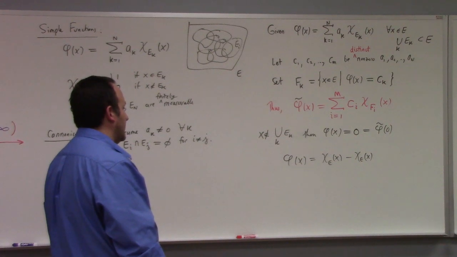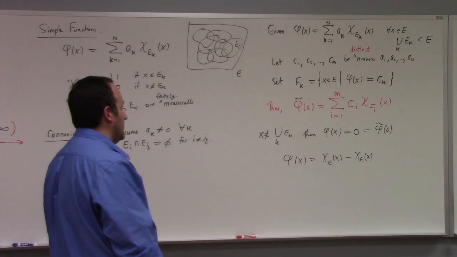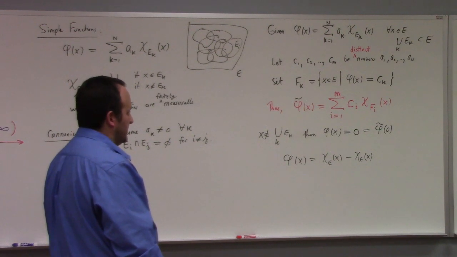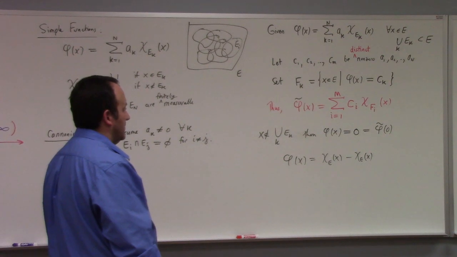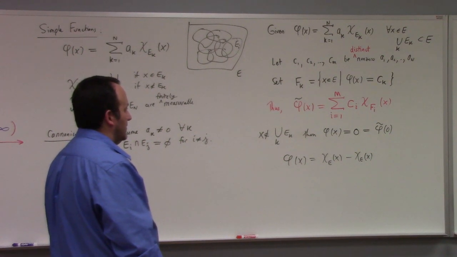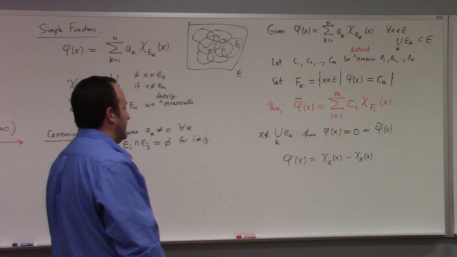It does seem like that would have C1 as 1 and C2 as minus 1. Oh, but then the F is empty? Oh, so we're okay then.